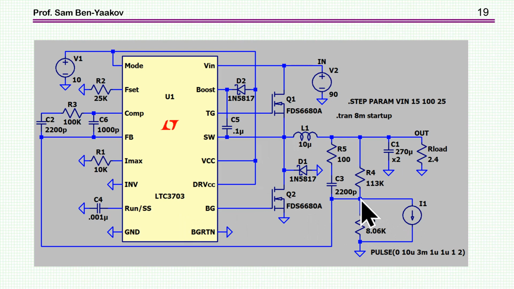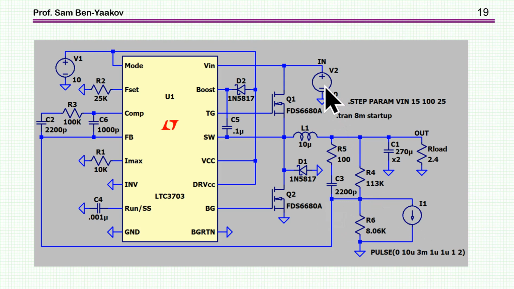This is like an excitation to the reference. We don't have access to the reference, so this is like having a change in the reference. I'm putting here a current source, so the impedance is not changing and the voltage divider is the same. Everything is the same except that I have here excitation, and I'm stepping this source.